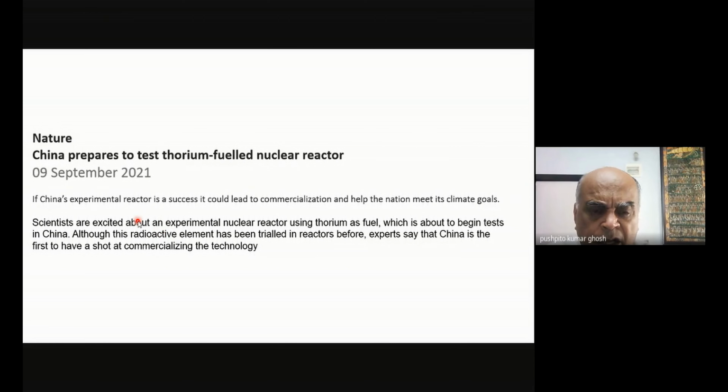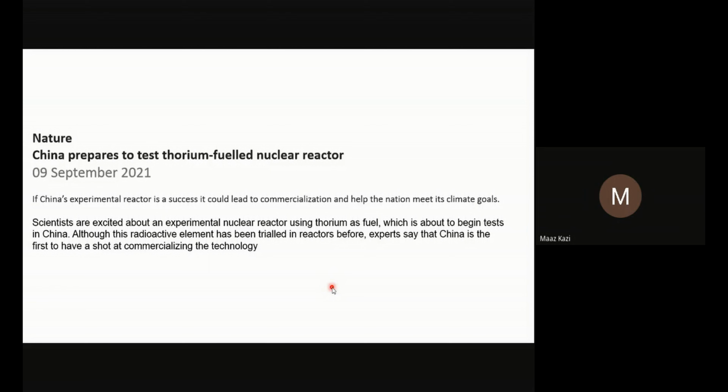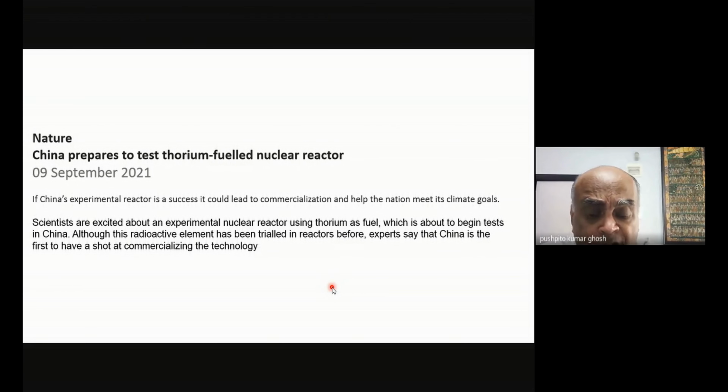Although I think India was earlier than China in starting the thorium-based work, it is looking increasingly likely that China will be able to make a thorium-based nuclear power plant. India must do the same, because we have got the resource. When you have got the resource, make use of the resource.